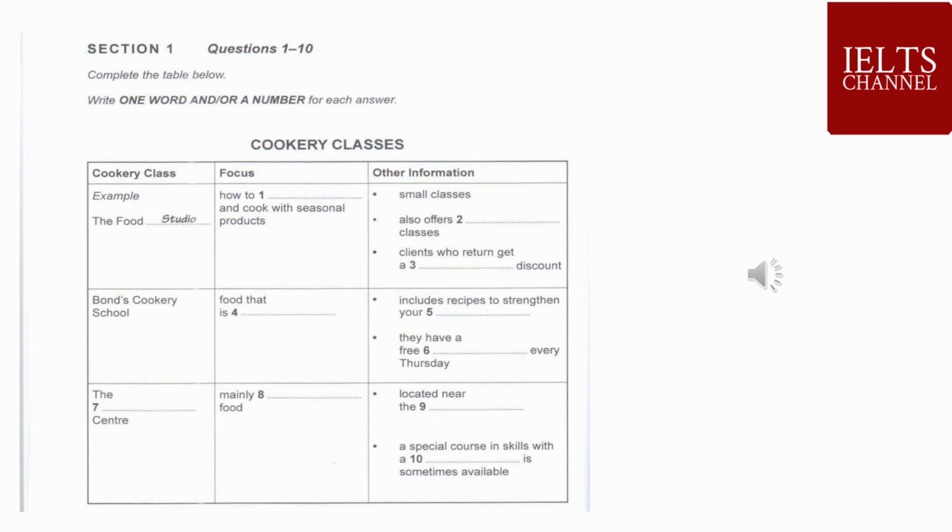Section 1. You will hear a telephone conversation between a woman who wants to attend a cookery class and an official at a tourist information centre. First, you have some time to look at questions 1 to 6.